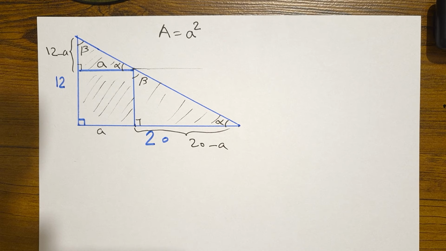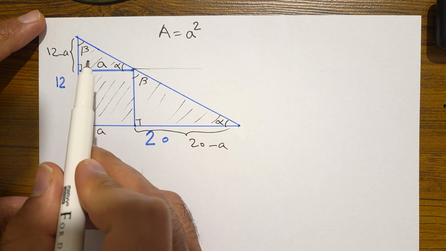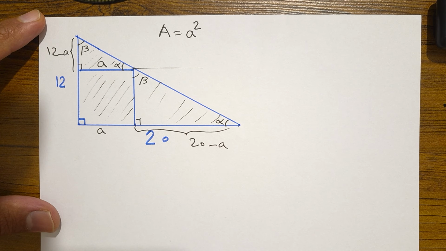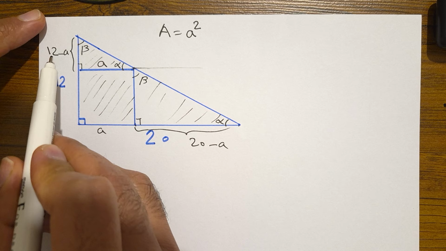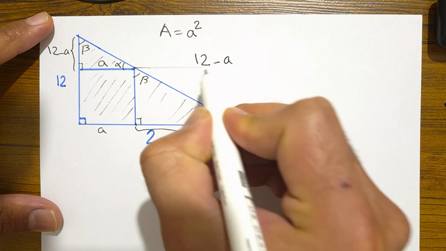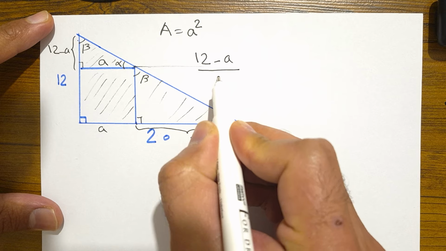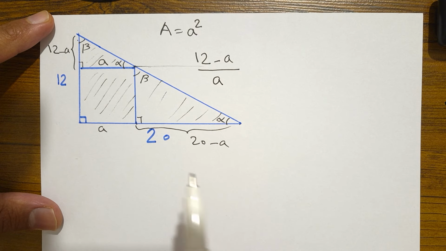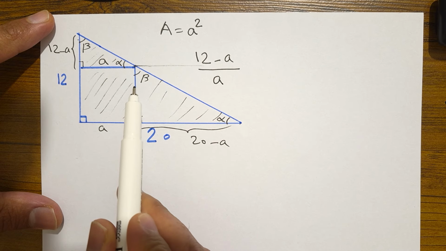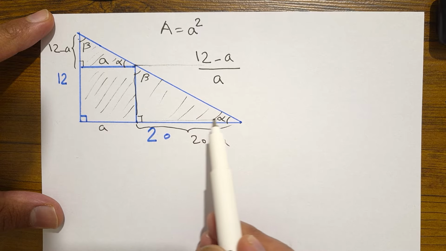Okay, so now let's write down these proportions. For example, in this upper triangle, we can say 12 minus A over A. So let's compare this side with this side, 12 minus A over A. The corresponding comparison or fraction in this triangle would be this side over this side.